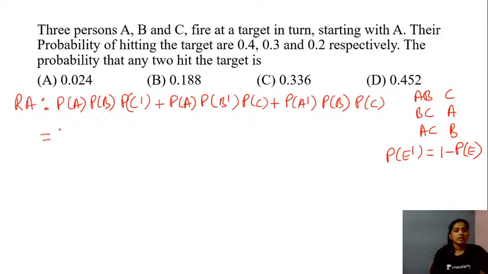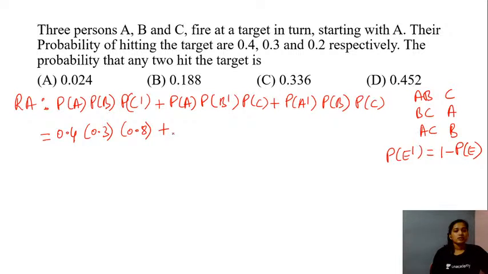Probability of your event A, this is 0.4, probability of your event B, this is 0.3, probability of your event C complement, this would be 1 minus probability of C, that is 1 minus 0.2, so this would be 0.8.